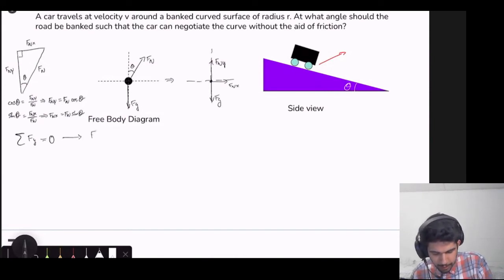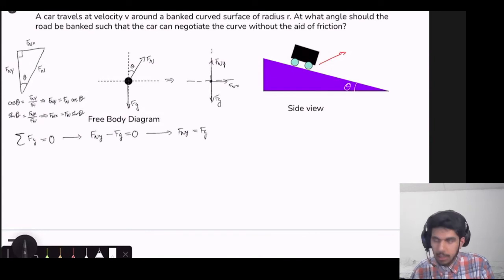We have Fny pointing upwards, and we have Fg pointing downwards, and that's equal to 0. So we get that Fny equals Fg, and more importantly, just do a little bit of substitution. We solved for Fny. We said that was Fn times cosine of theta. That equals mg.